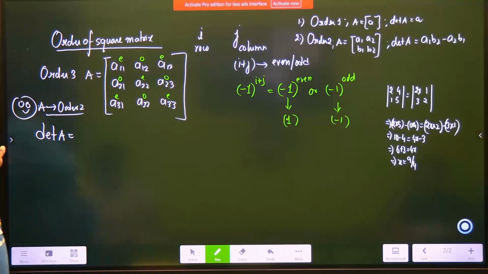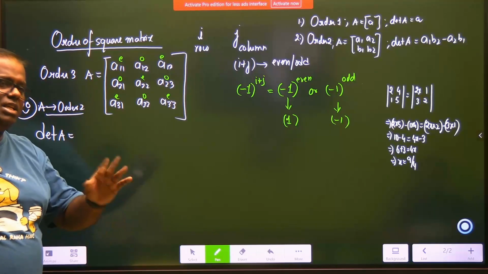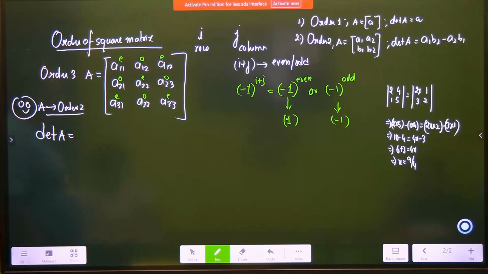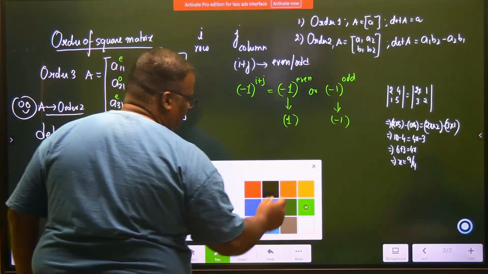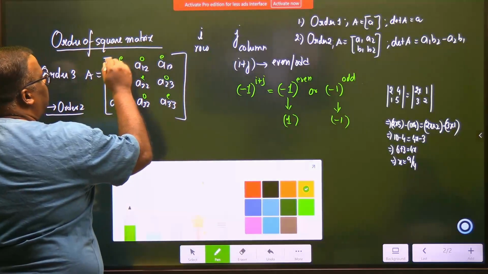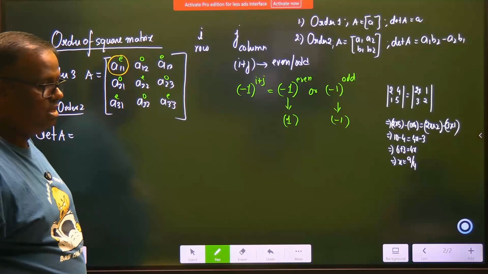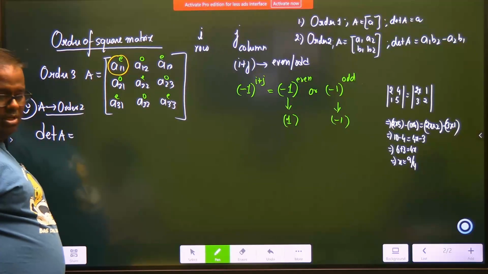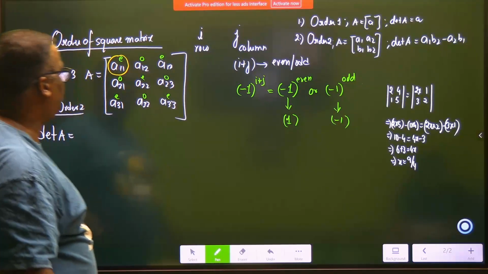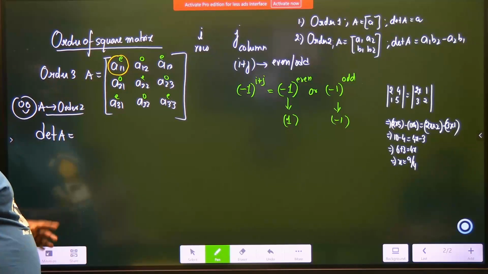Agreed? Okay. Let's understand the easiest way of expanding a determinant. The easiest way is to pick up this element. As you pick up this element, do one operation in your mind. Look at me. Which element did you pick up? A11.